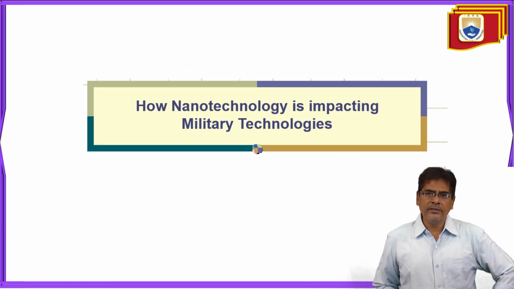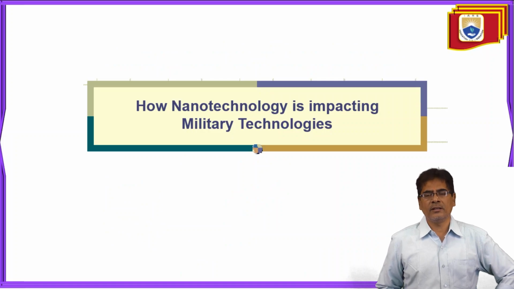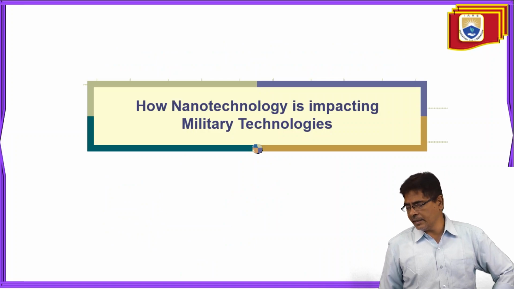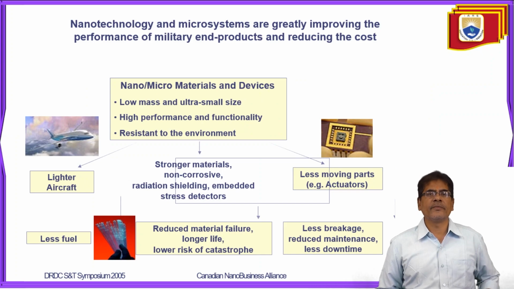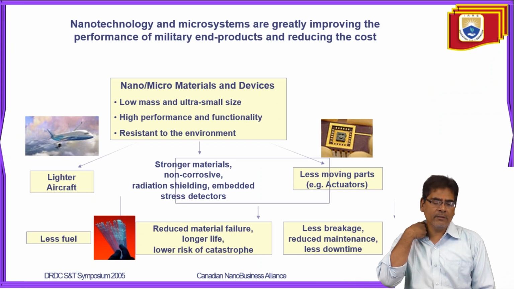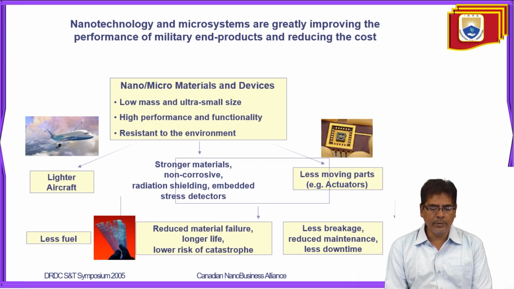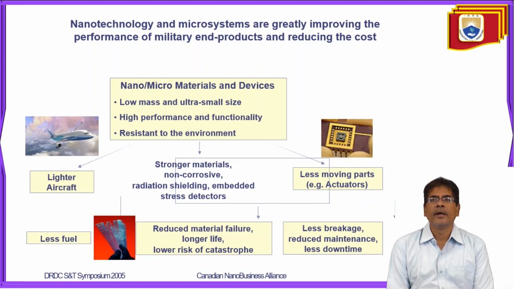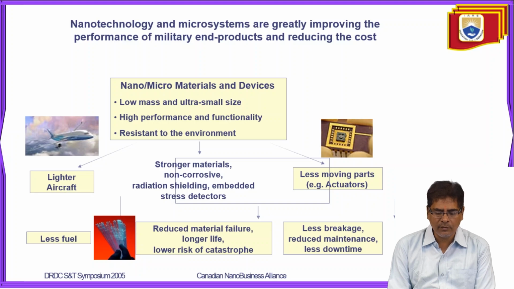So how is nanotechnology impacting military technologies? Nanotechnology and microsystems are greatly improving the performance of military products and reducing the cost. Nano or micromaterials and devices offer low mass and ultra small size, high performance and functionality, and resistance to the environment.